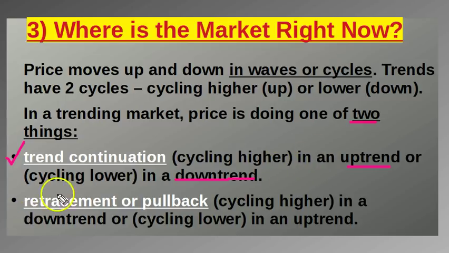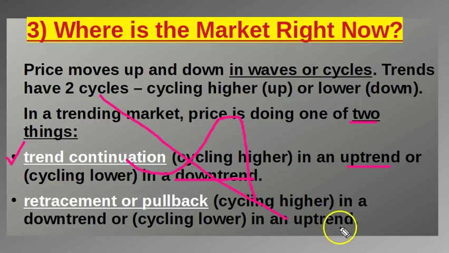I'll give you an example of this in just a moment. The other thing price can be doing is retracing or pulling back. So in a downtrend, price could be going higher, cycling higher before coming back down to join the overall trend.